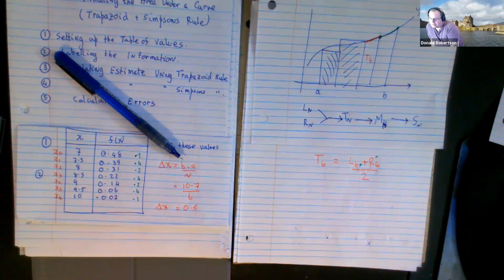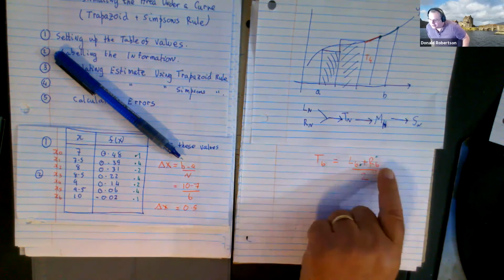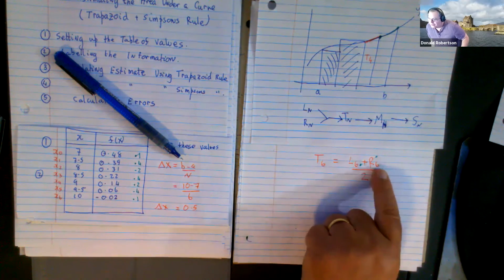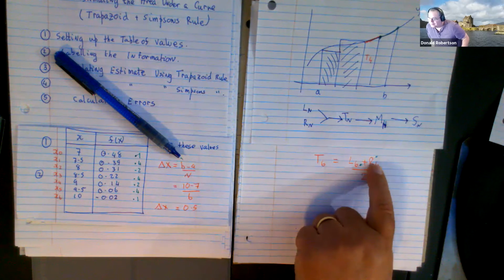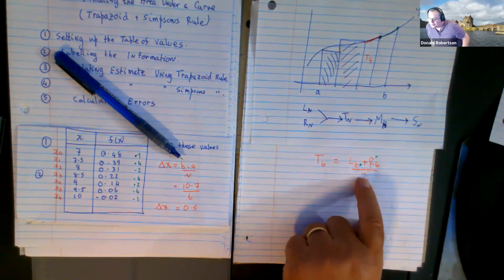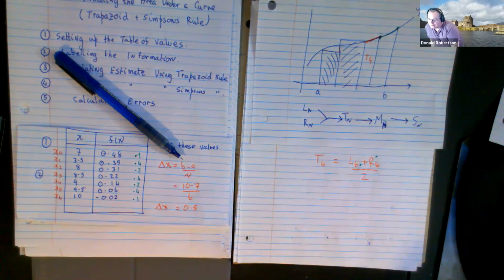But if you write down the formula for L6 and you add it to the formula for R6, and then you divide the answer by 2, do you know you'll get the trapezium rule for T6? Now, doesn't that one use a number that the other one doesn't? Doesn't that use the first number, and that one uses the last number, and don't all the other guys in the middle get doubled up? And can you see how that 2 comes out with the delta x, and that's where the delta x over 2 comes from? So the trapezium rule.